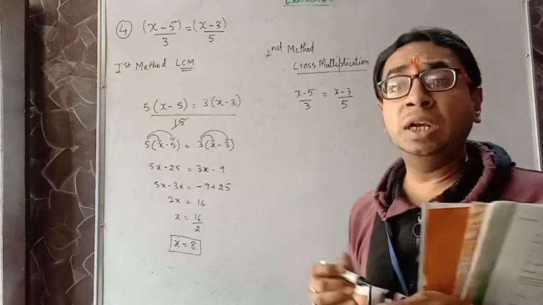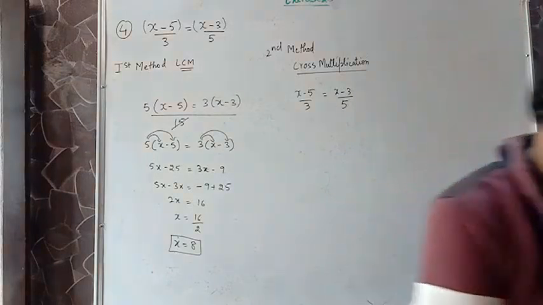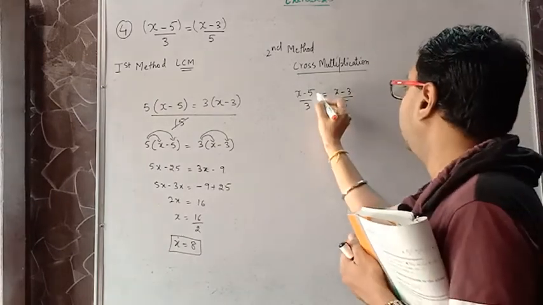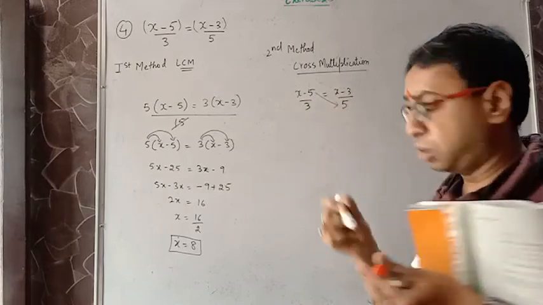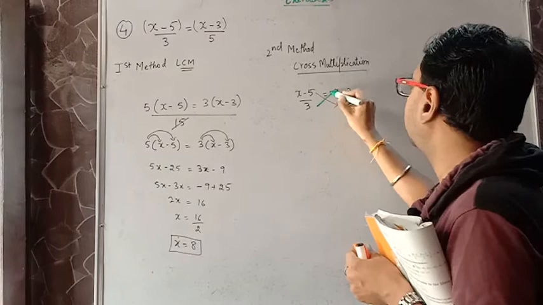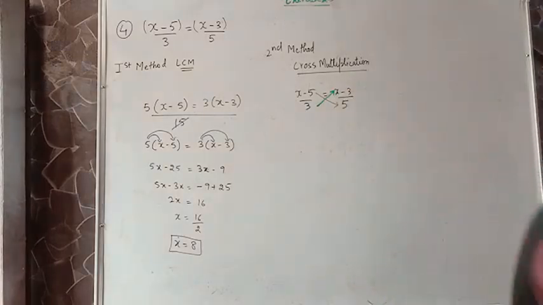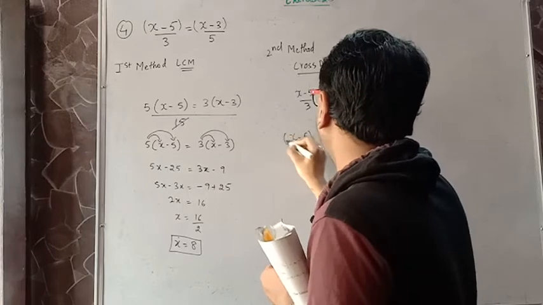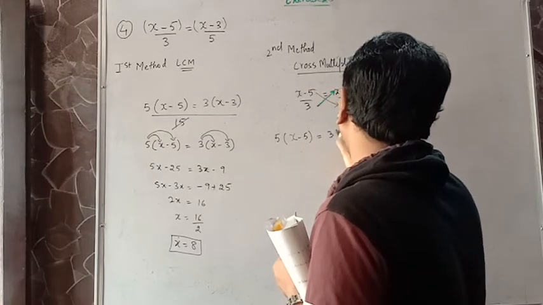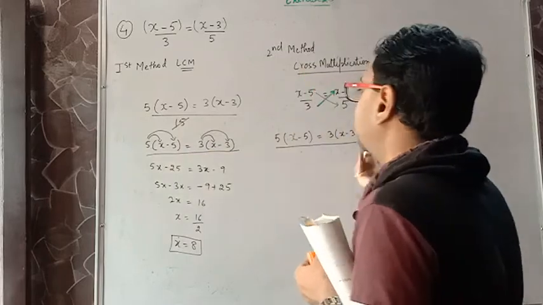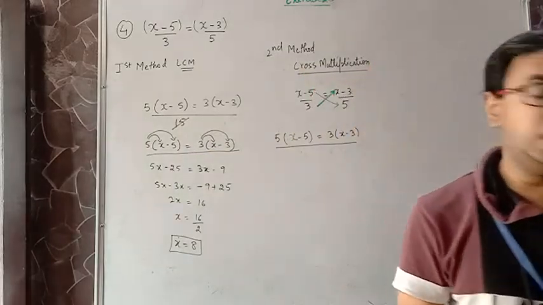I have already told you that whenever there are two rational numbers and we have to cross multiply, the numerator of the first will be multiplied with the denominator of the second, and the denominator of the first will be multiplied with the numerator of the second. So therefore it will be (x minus 5) into 5 is equal to 3 into (x minus 3). Don't you think we are getting the same situation? Same. Solve it and get the answer. Clear with this?